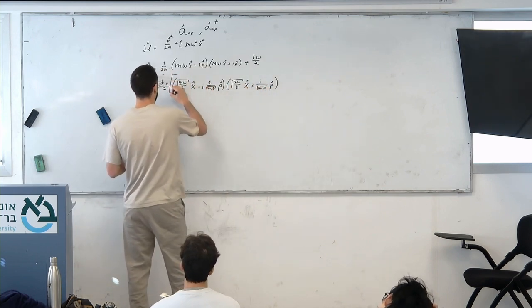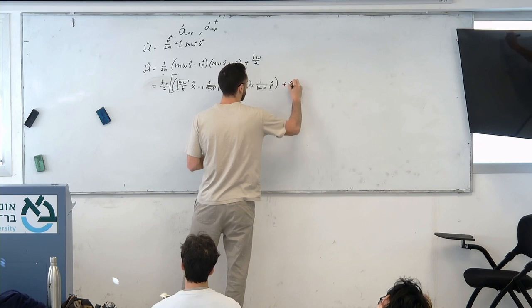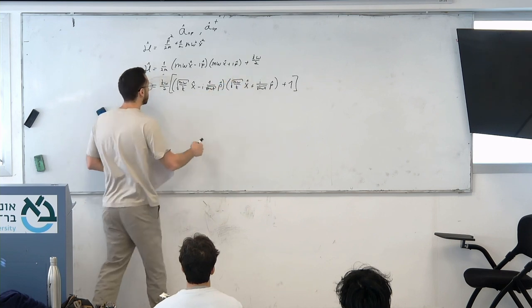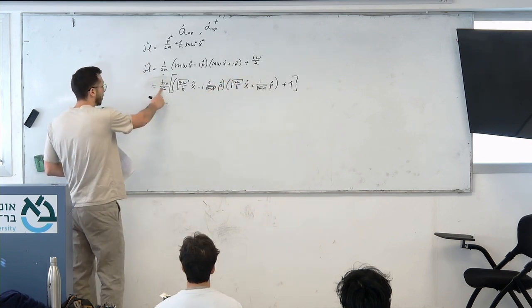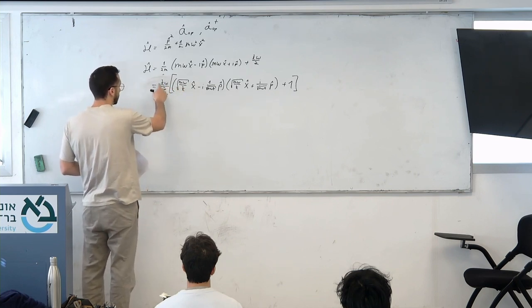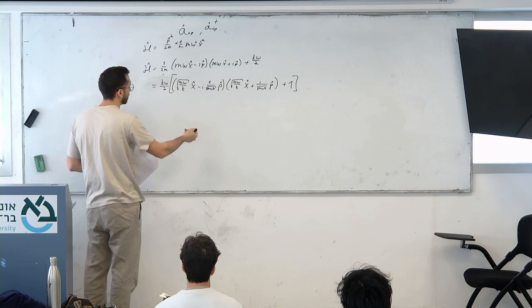You have here plus 1. The 1 is for h bar omega over 2. Here I just took out h bar omega, multiplied everything, and inserted the m inside.